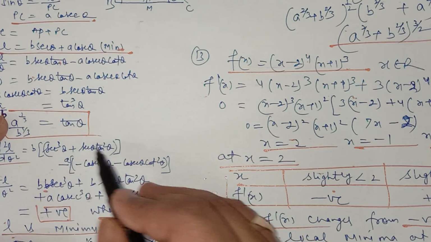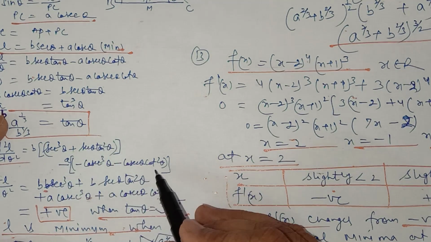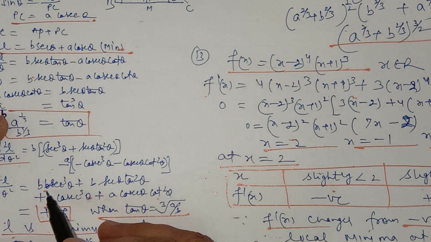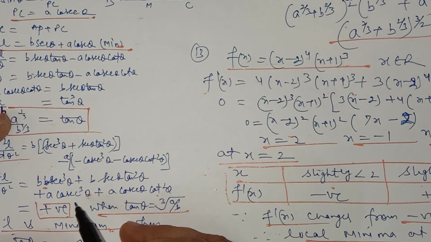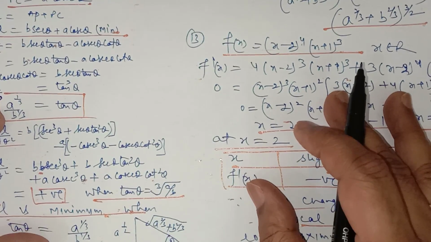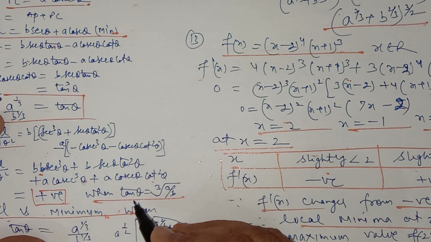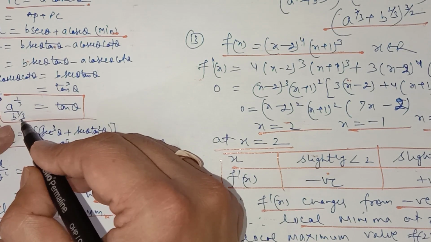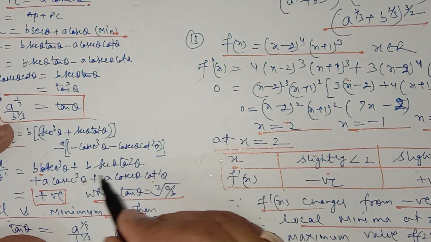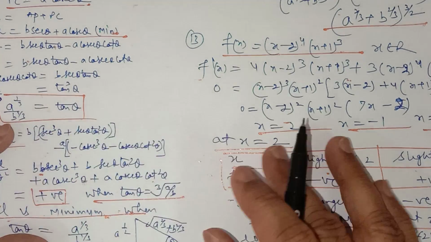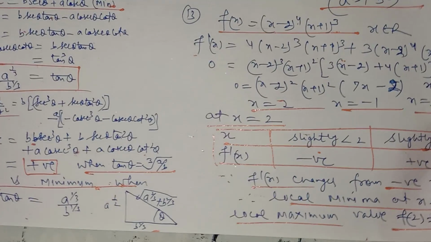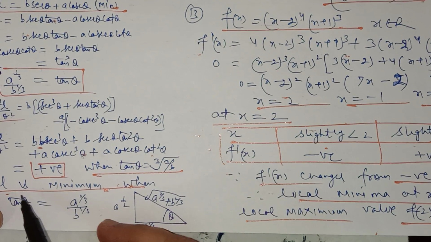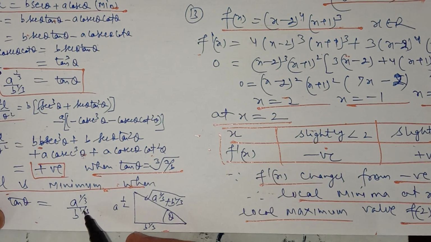Open the bracket, multiplying this bracket by B and this bracket by A, it comes out to be B sec cube theta plus B sec theta tan square theta plus A cosec cube theta plus A cosec theta cot square theta, and it will be positive when tan theta is A raised to power 1 upon 3 upon B raised to power 1 upon 3, because all terms are positive and the value of tan theta is also positive. So its second derivative is also positive. So its length L is minimum when tan theta is A raised to power 1 upon 3 upon B raised to power 1 upon 3.